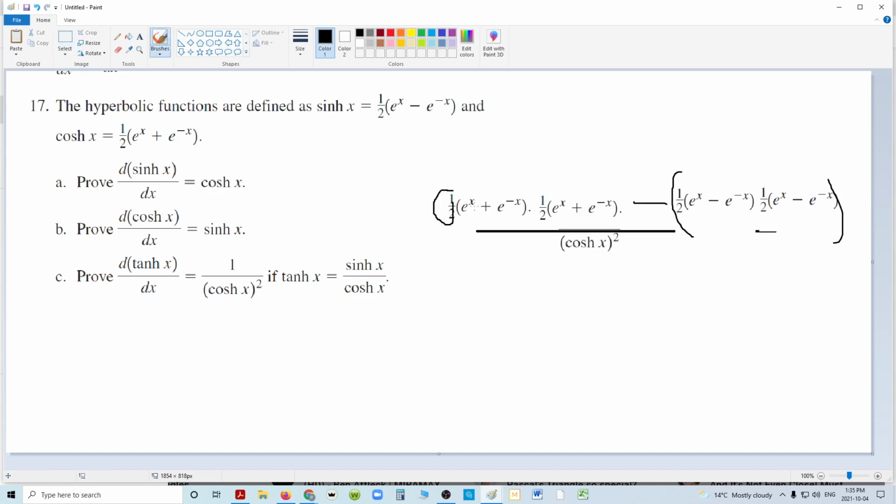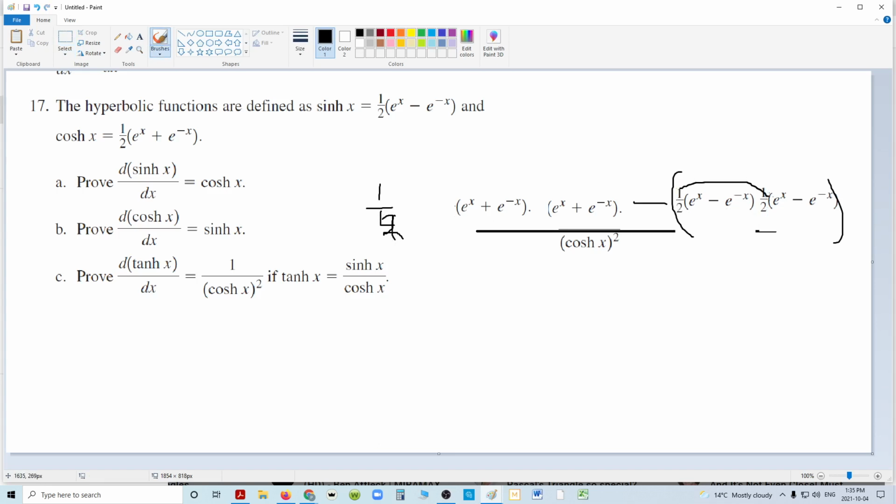So notice it's a half times a half times a half times a half. So the half is going to be in there no matter what. So I can take a half out entirely, so that I'm left with this times this minus that times that. Actually, it's not a half that's coming out, it's a quarter.